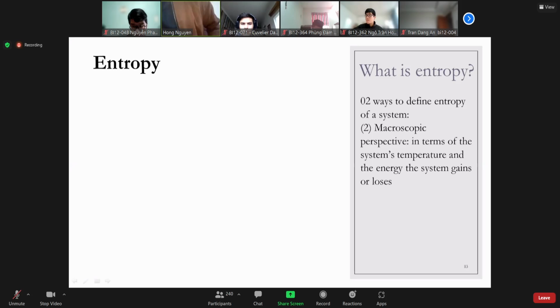Good. Now, in this approach, we define the entropy in terms of the system temperature and energy the system gains or loses.